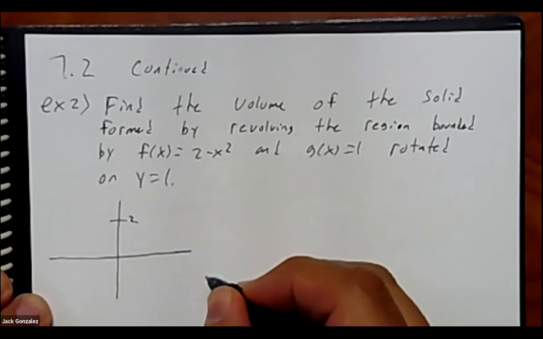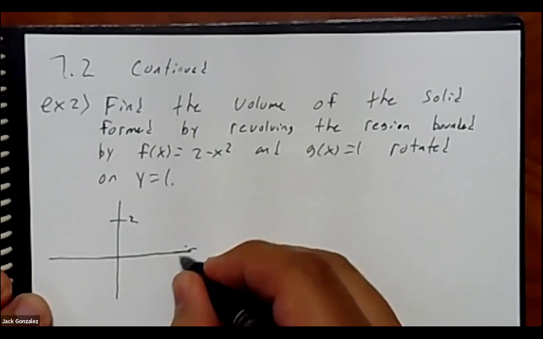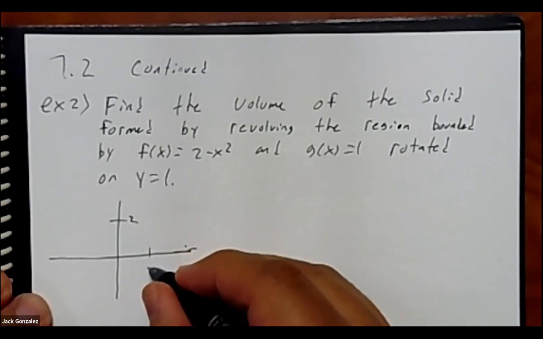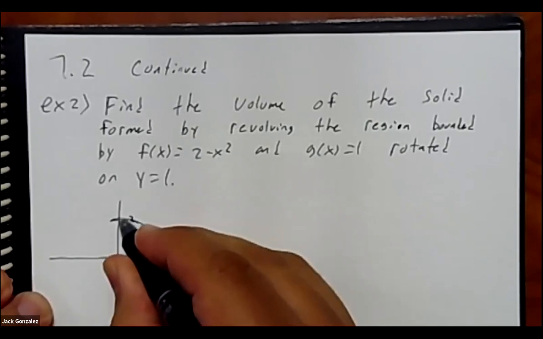What's the square root of 2? Is that 1.7? 1.4. Okay, so let's say 1's right here, so 1.4 is about there. So the parabola is going to hit here, here.